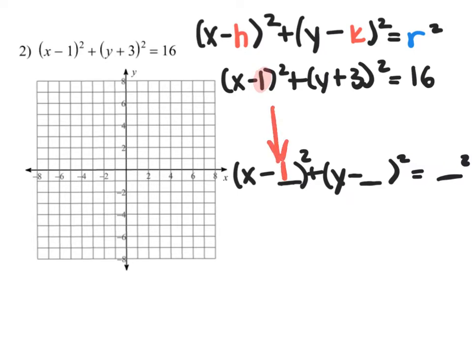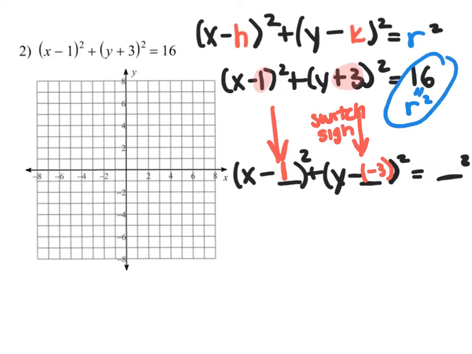So I can transfer this number. The next one, I notice that I have a plus 3. However, down below it's minus 3. So this means it's really minus negative 3. So we can transfer this number, but we have to switch the sign.